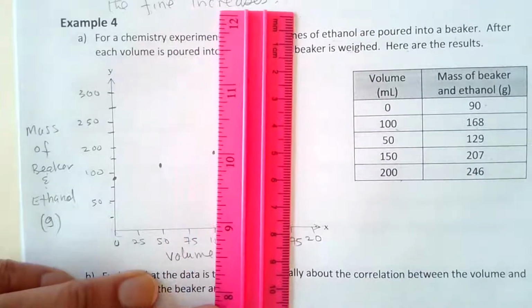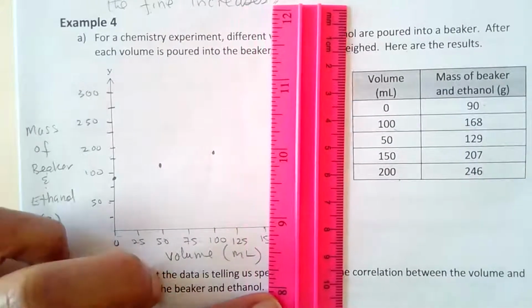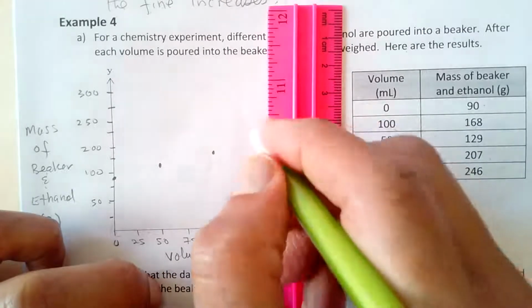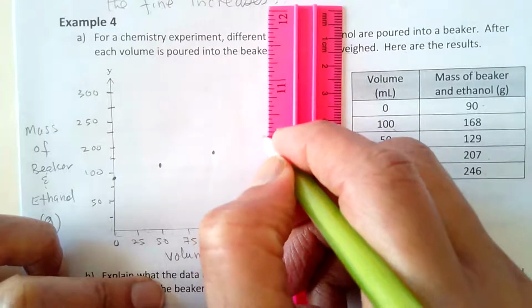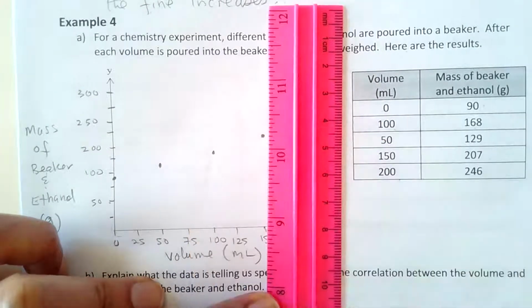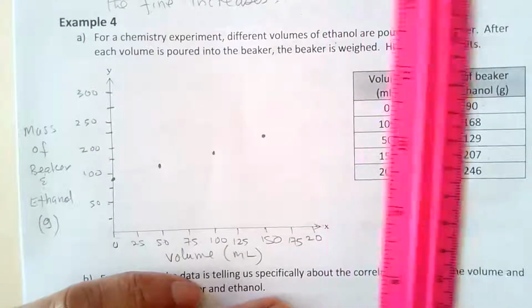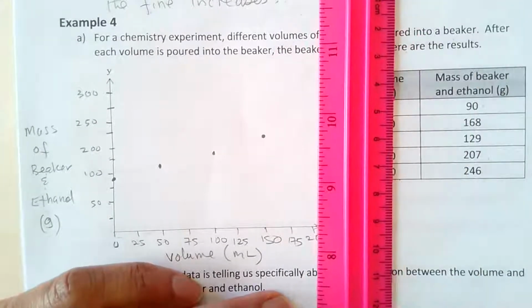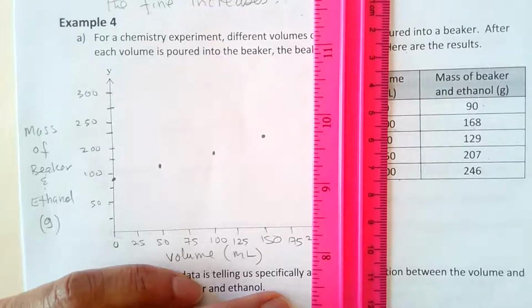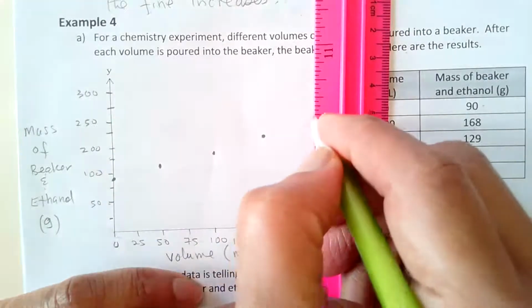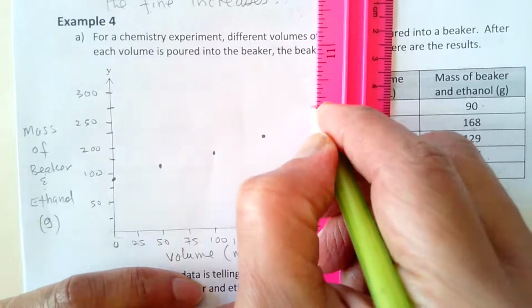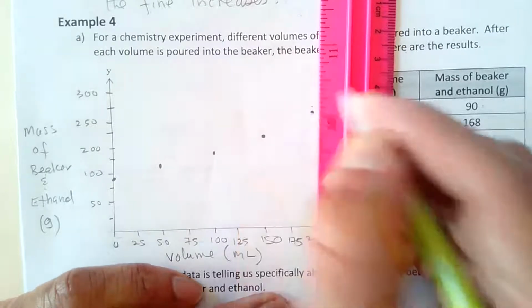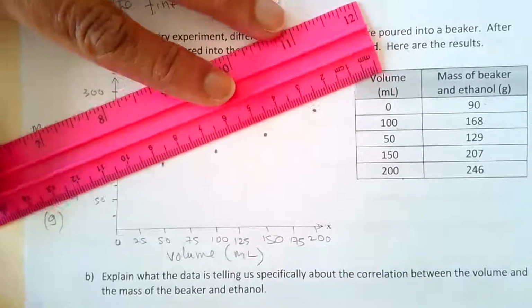Then we have 150, 207, and 246 at 200. Then we put a line of best fit.